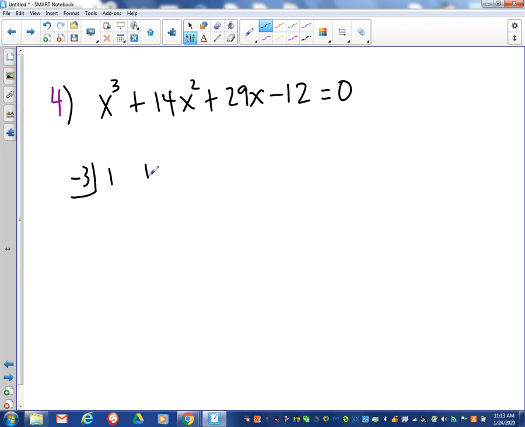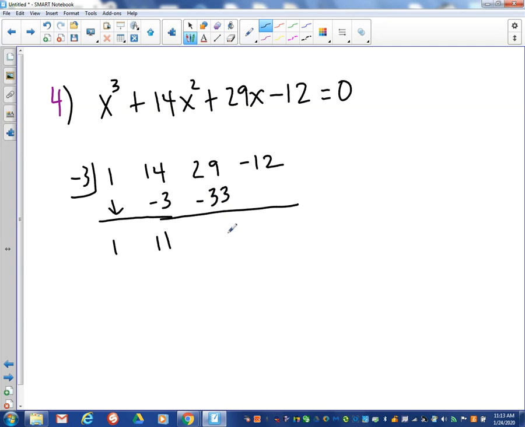It's an x-intercept, so the remainder should be 0. I bring down my 1. Then that's -33, which gives me a -4. Then that'll be 12, and it's 0. So I know that -3 is an answer.